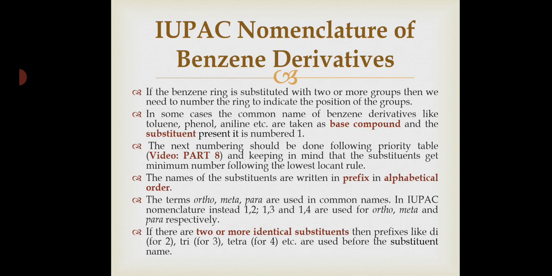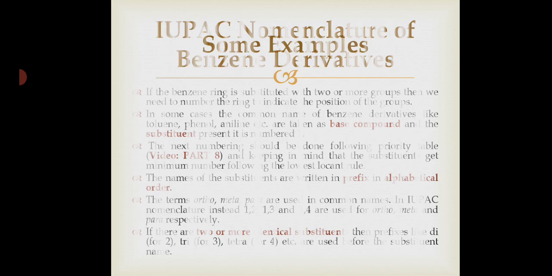All these rules will be more clear if we see some examples. Look at this example. This is a benzene ring having 2 bromo substituents. Now, the base compound is what? The base compound is benzene, because we can't name this compound with any of the other common names like toluene, aniline, benzoic acid, anisole.